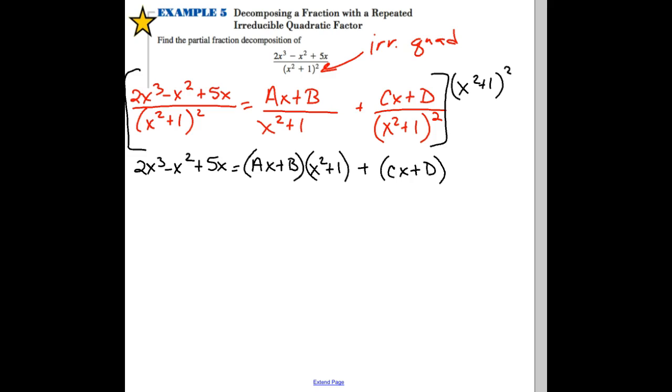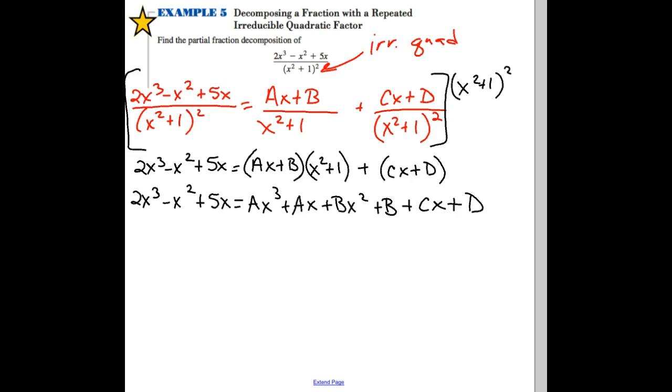Okay, let's FOIL this ax plus b with the x squared plus 1. Ax times x squared would be ax cubed. Outsides would get me an ax. Insides, we get bx squared. And last, we get b. And then we had the cx and the d that didn't need to change.